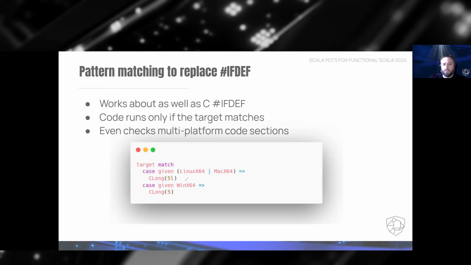So for example, within this section, we've checked that target is either Linux x64 or Mac x64. So since we're using a case given here within this scope, we have access to information that C-long is a long, and then we're able to instantiate it with a long value inside of this scope. Meanwhile, inside this scope, we know that C-long is equivalent to an int, and we instantiate it with an int value.